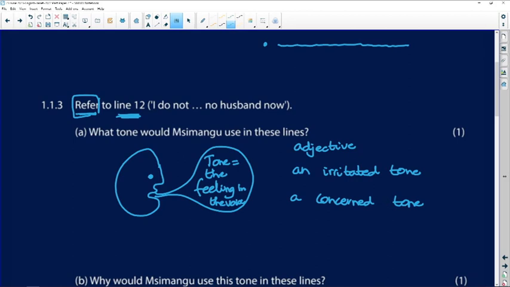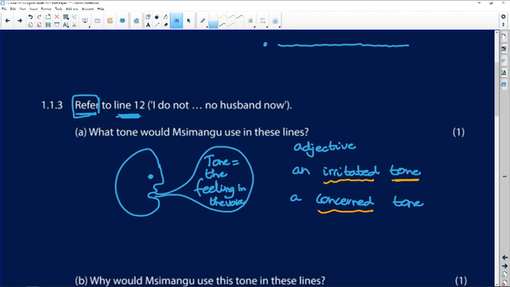it would be anger. And that isn't necessarily getting you to tone. Yes, anger is tone, but when they don't answer it with the word tone afterwards, they often don't get a proper feeling here. So I'm just saying to you, to help you get a feeling, write an irritated tone, an angry tone.